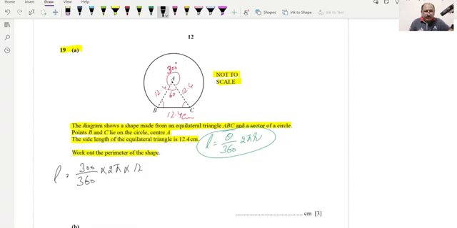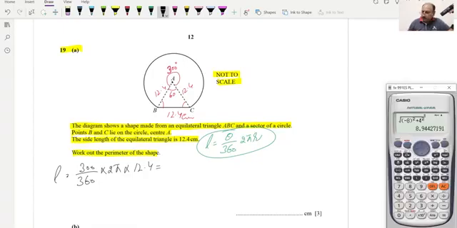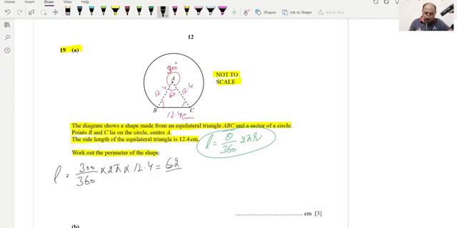So L is 300 over 360, multiplied by 2 pi and multiplied by 12.4, and this is equal to 62 by 3 pi. I'm writing in terms of pi because I don't want to lose the decimals.